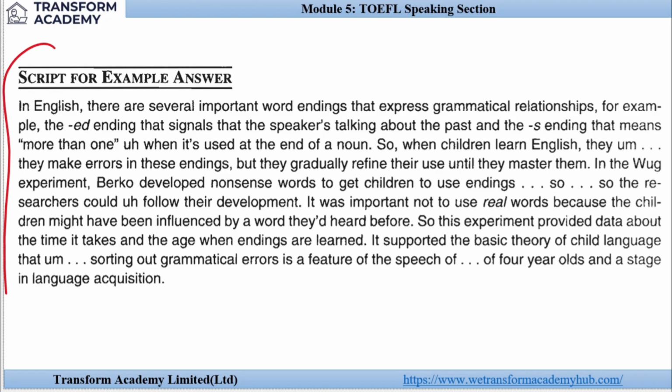It was important not to use real words because the children might have been influenced by a word they had heard before. So this experiment provided data about the time it takes and the age when endings are learned. It supported the basic theory of child language that sorting out grammatical errors is a feature of the speech of 4 year olds and a stage in language acquisition.